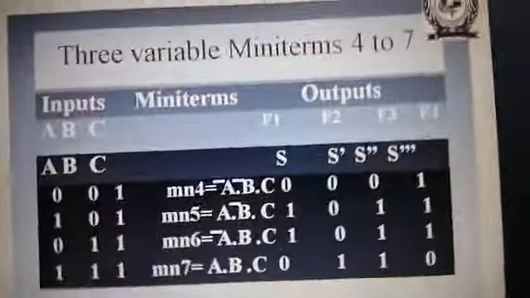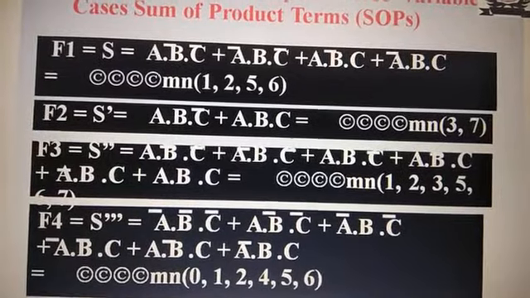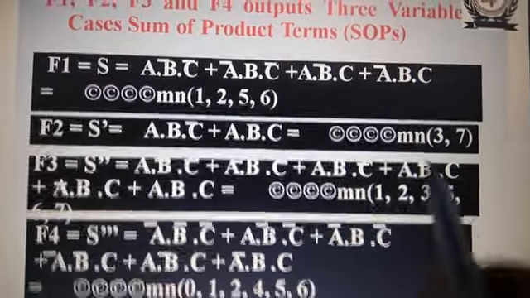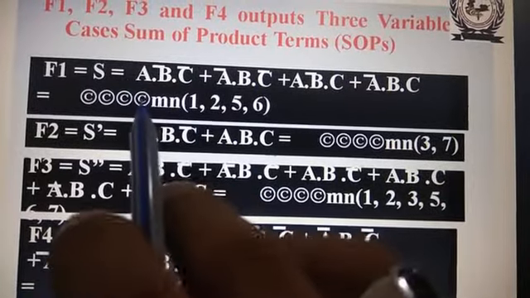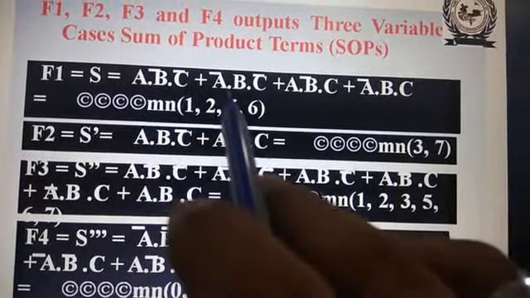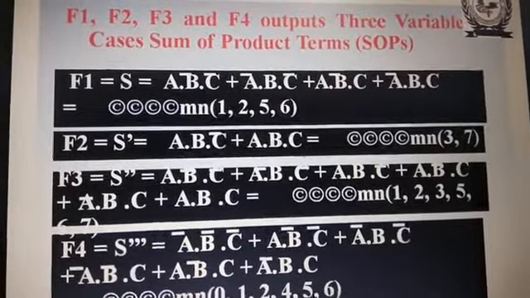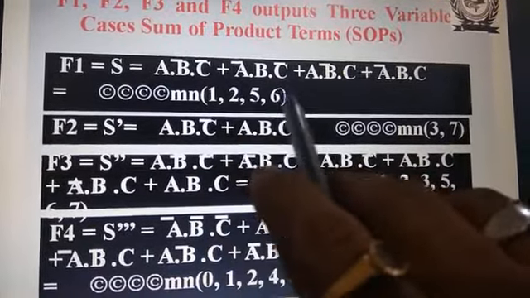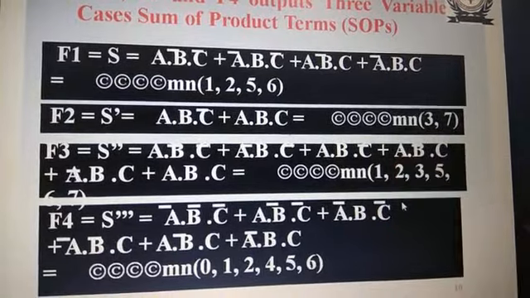So from this you can see here, A, B bar, C bar plus A bar, B, C bar plus A, B bar, C plus A bar, B, C. And min terms are, here you can see, this is 1, 0, 0, and this is 0, 1, 0, 1, 0, 1, and 0, 1, 1.